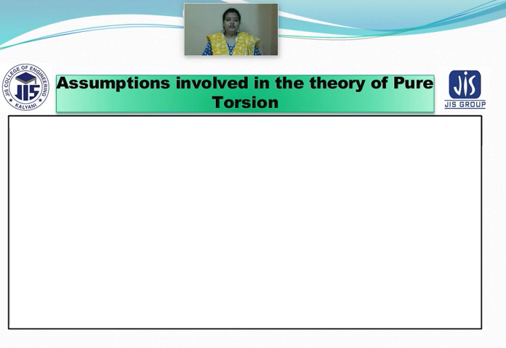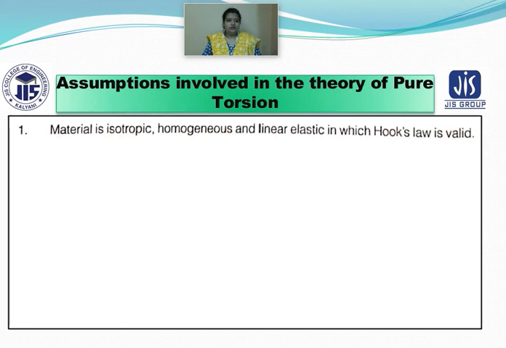Whenever we are talking about torsion, there is some theory behind pure torsion. So what are the assumptions involved in the theory of pure torsion? The first is that the material is isotropic, homogeneous and linear elastic, in which Hooke's law is valid.